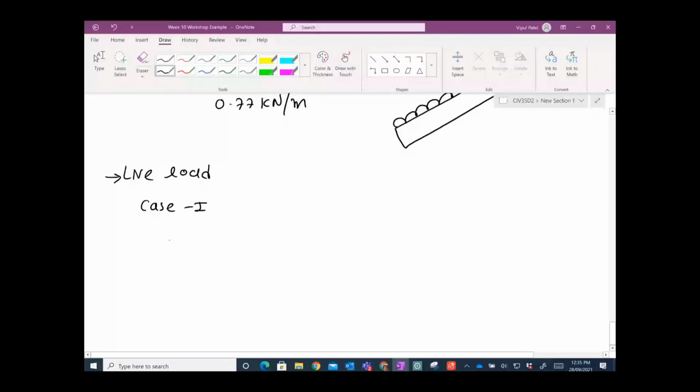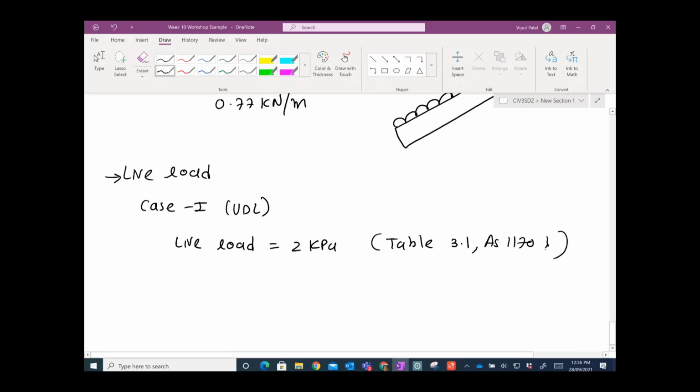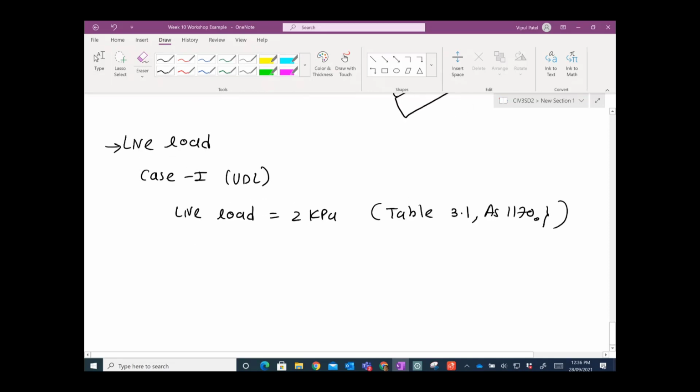Table 3.1, AS/NZS 1170.1. So case number 1, UDL live load of 2 kilopascals, coming from Table 3.1 of AS 1170.1.